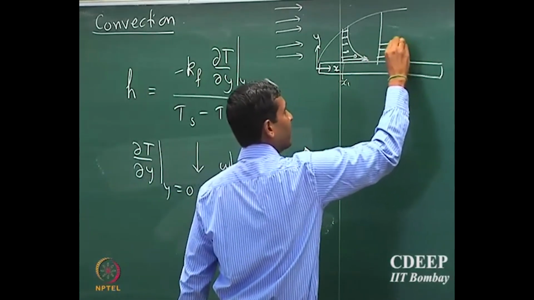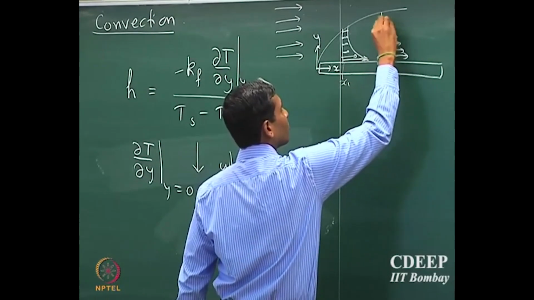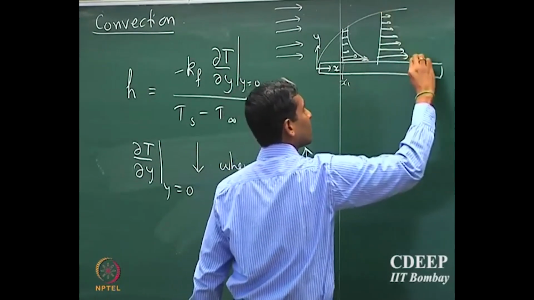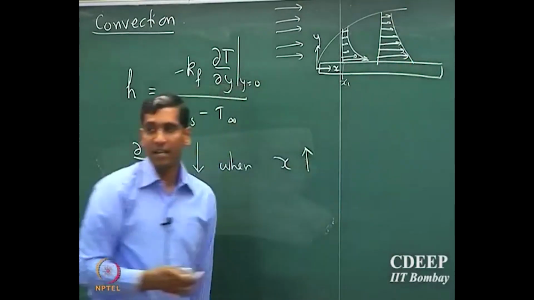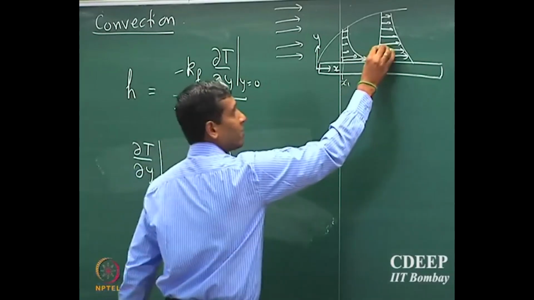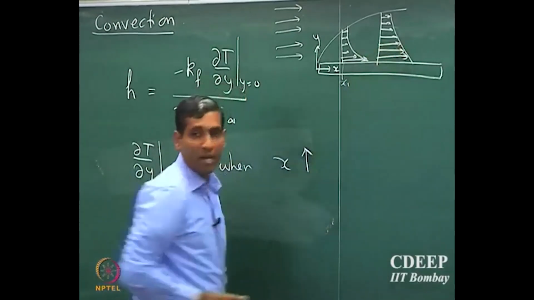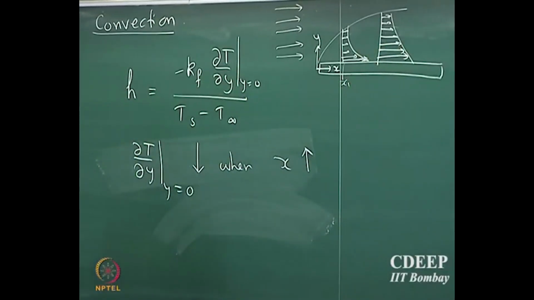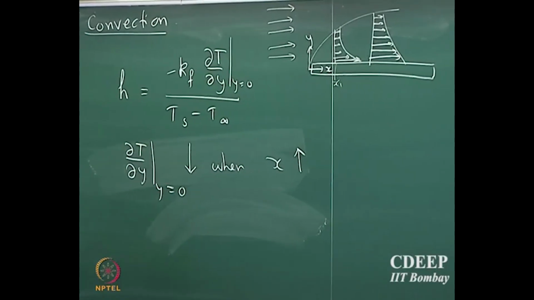So you would expect that the profile would look something like this, where the gradient has now decreased, because the fluid particles which are, let's say, well above y equal to 0 would also reach temperatures close to the plate temperature.